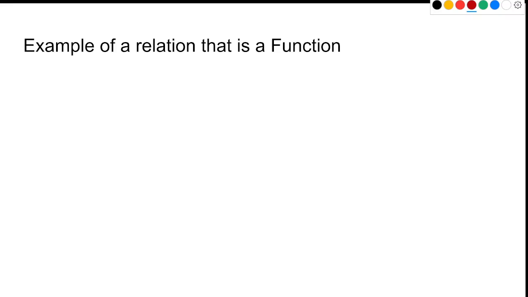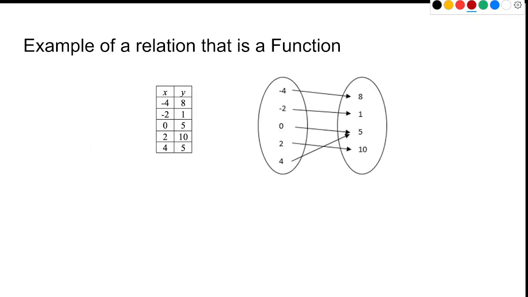So here's an example of a function. Again, we have an x and y. We can list it as a table of values as we do here. We can do it in more of a visual display of showing the input values getting mapped to some output values following some kind of rule. And sometimes those rules are just random, that 4 goes to 5 because 4 goes to 5.